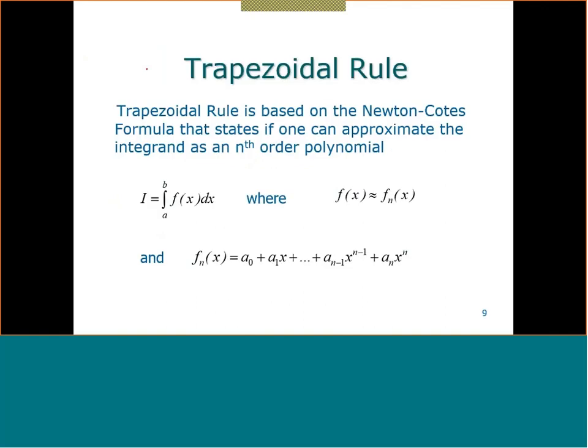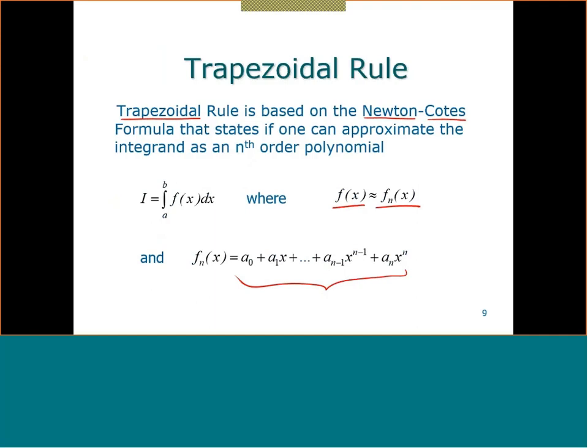As I said, I need to know the relationship between the points that we have. The trapezoidal rule is based on something called the Newton-Cotes formula, which states that if one can approximate the integrand as an nth order polynomial, so this f of x, I can represent it as a certain polynomial, and we know how to do that now from our background in interpolation.